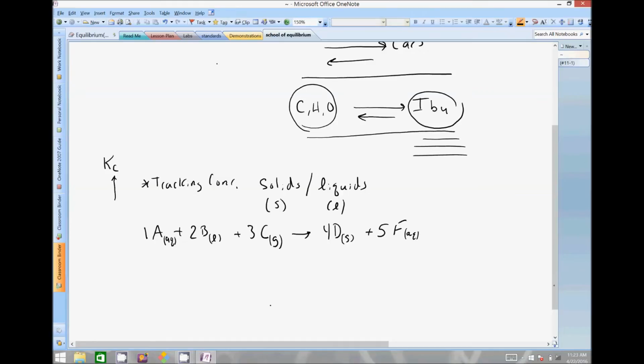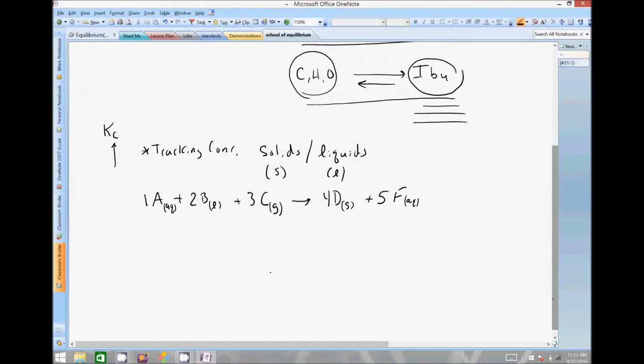Okay, so now I want to write out what's called my equilibrium expression.